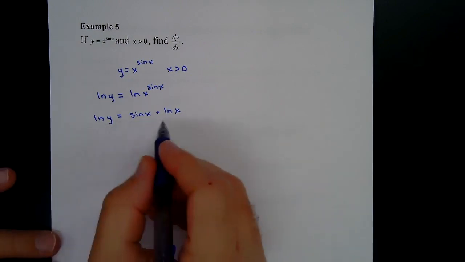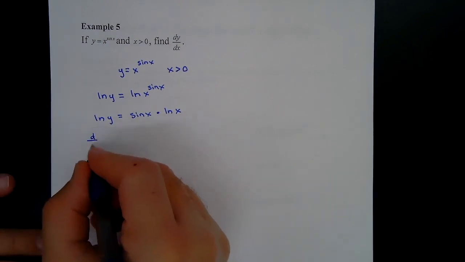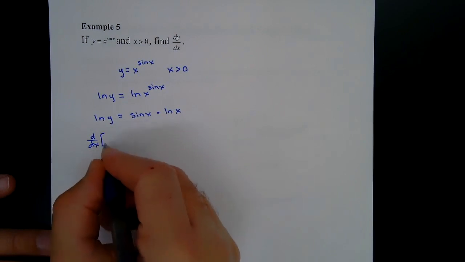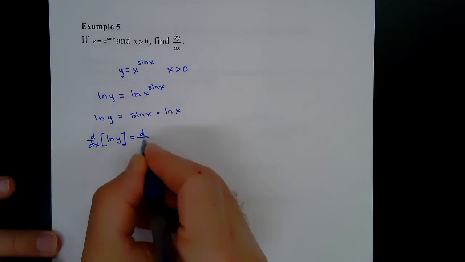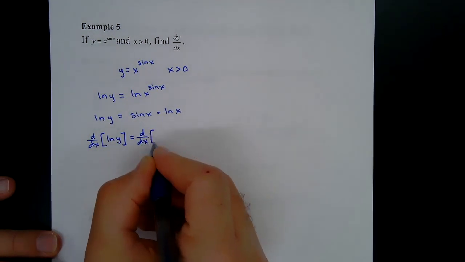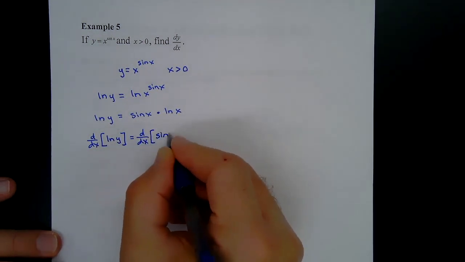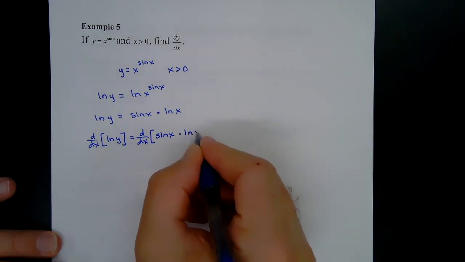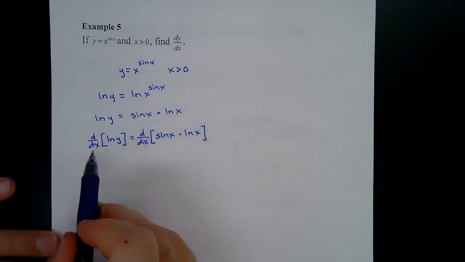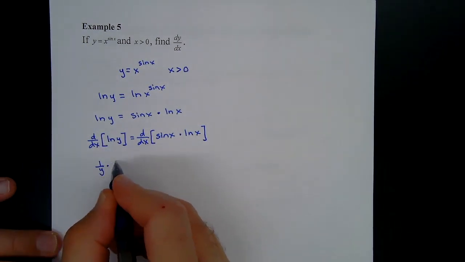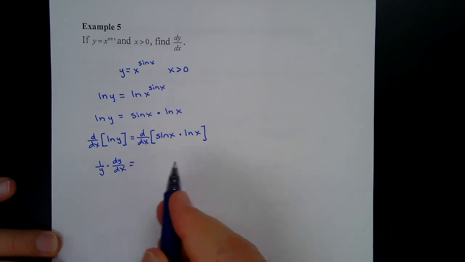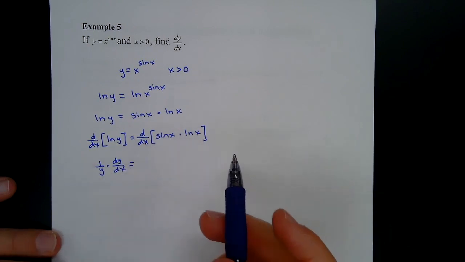All right, so I'm going to take the derivative with respect to x of both sides. So that's what I'm writing here. And then the derivative of this would be 1 over y times dy over dx is equal to, and then the derivative of this, I'm going to have to apply the product rule.